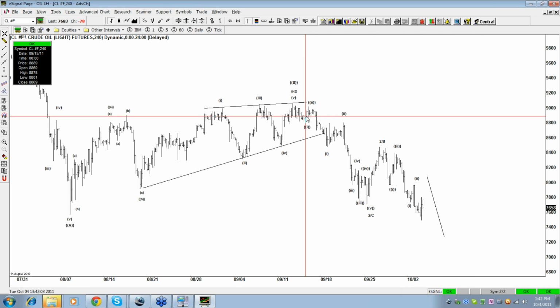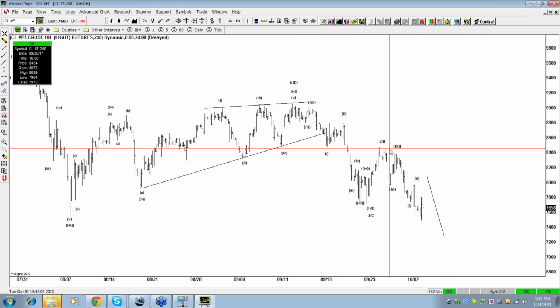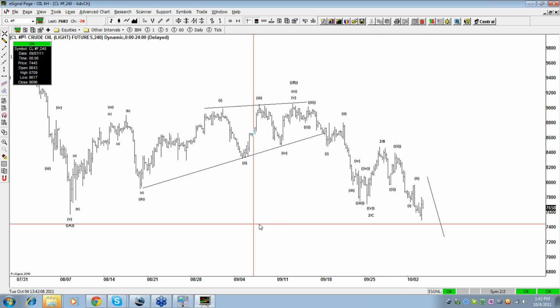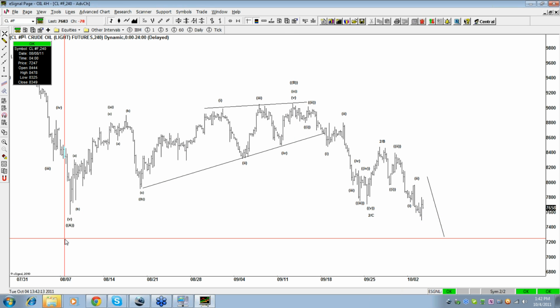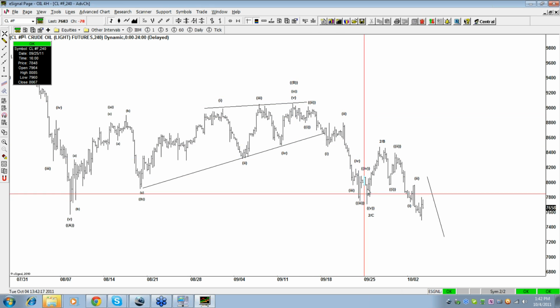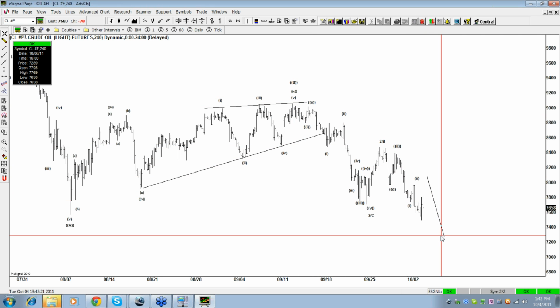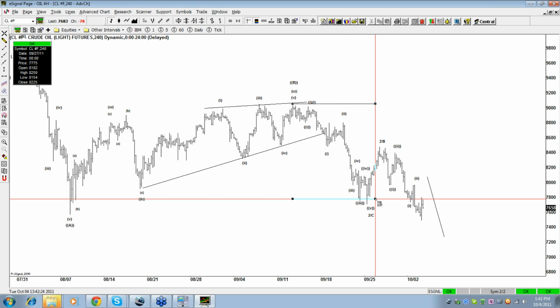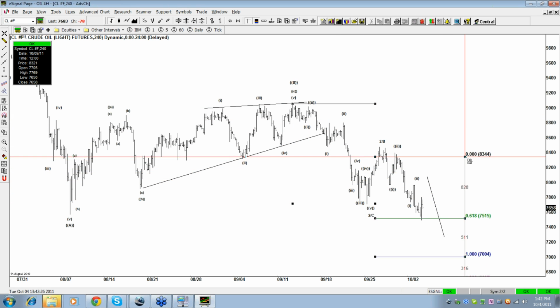So now, very ugly structure from here. This is supporting the scenario that you're saying, because this looks like A, B, C, and this looks like a three-way move to the downside. You follow me? Or a nest.